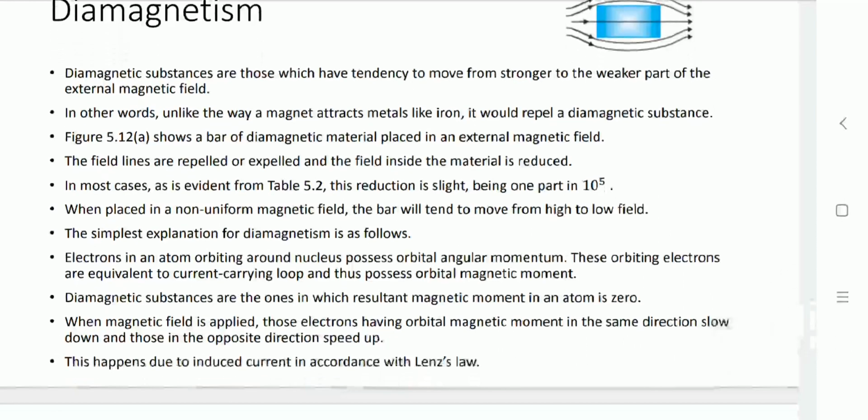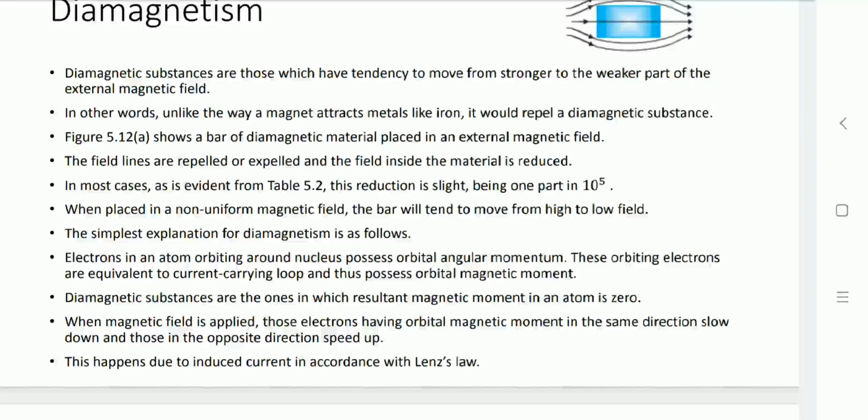We can relate this with the electron structure. Electrons in the atomic structure are moving in their orbiting path around the nucleus. While moving in circular motion in the orbit with angular momentum, these orbiting electrons are equivalent to a current carrying closed loop conductor, and this possesses an orbital magnetic moment.